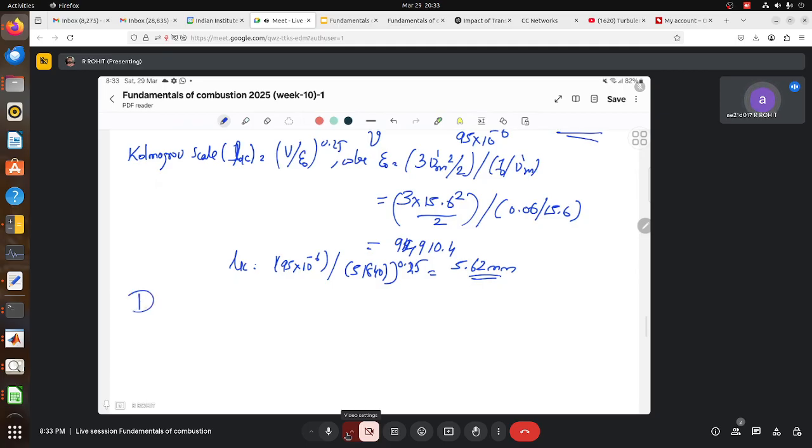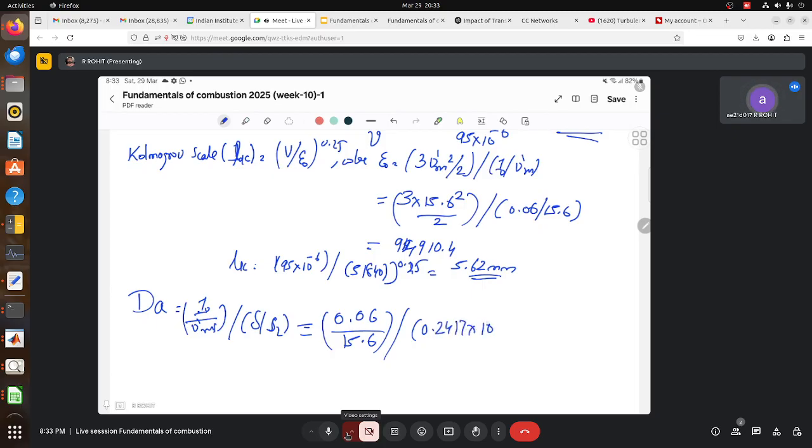And finally your Damkohler number, which is L0 by Vrms divided by delta by SL. Here L0 is 0.06 by 15.6, divided by 0.2417 into 10 to the power minus 3 divided by 0.786.